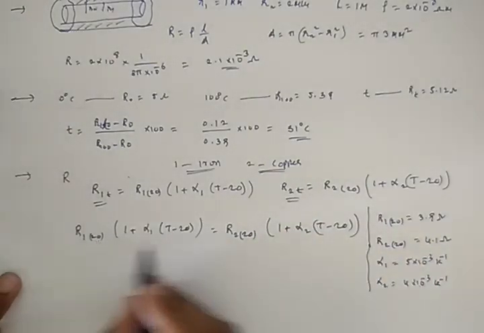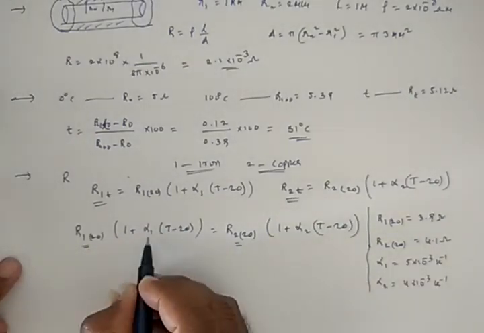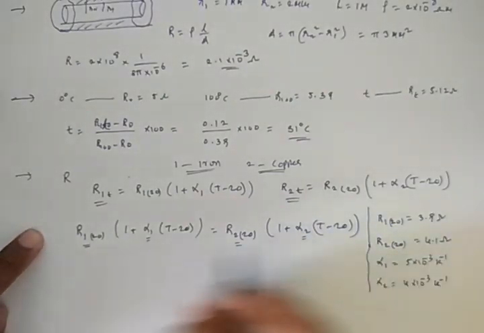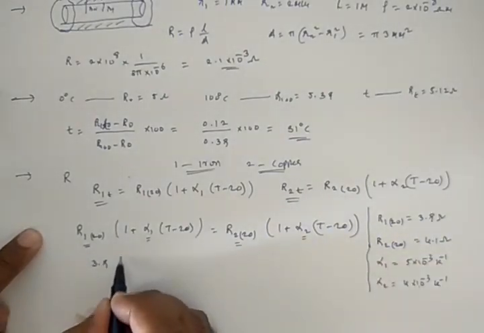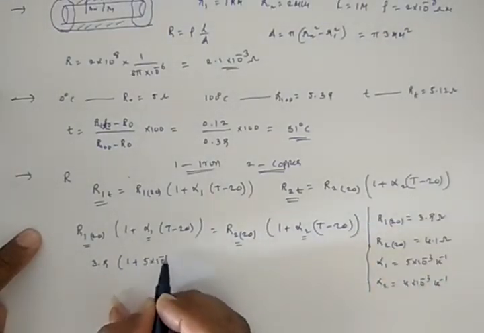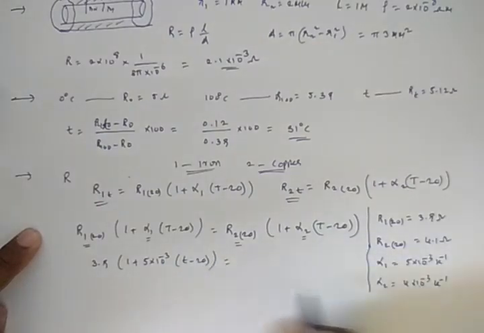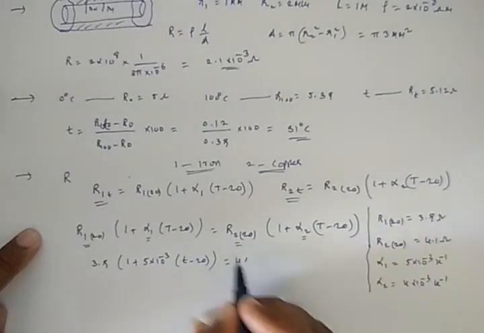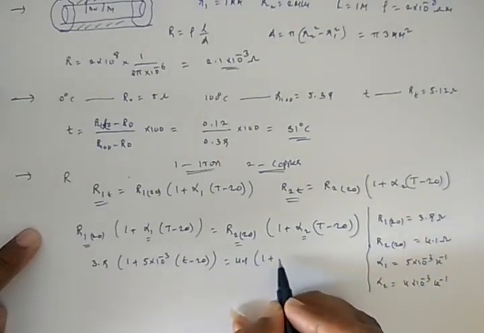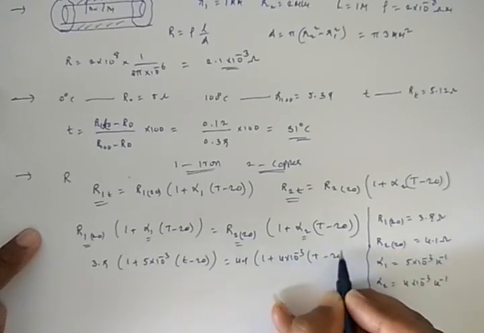So in these two equations, we know R1 and R2, and we know alpha 1 and alpha 2. Once you substitute all the values, we get 3.9 into 1 plus alpha 1, which is 5 into 10 power minus 3, into T minus 20, equals R2, which is 4.1, into 1 plus alpha, which is 4 into 10 power minus 3, into T minus 20.